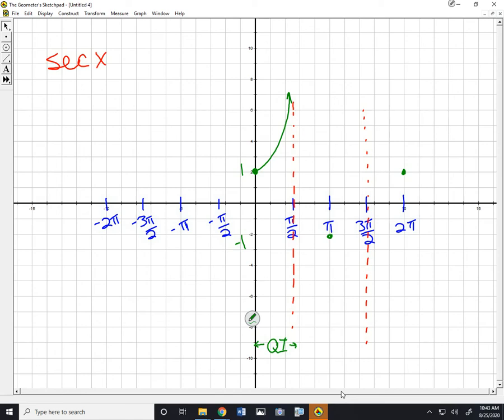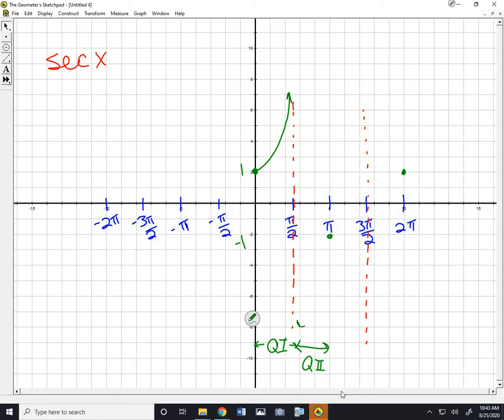Now, if I look at what happens between pi over 2 and pi, that matches quadrant 2. And in the second quadrant, the x values are negative, so the adjacent side of my triangles would be negative. So cosine is negative in the second quadrant.